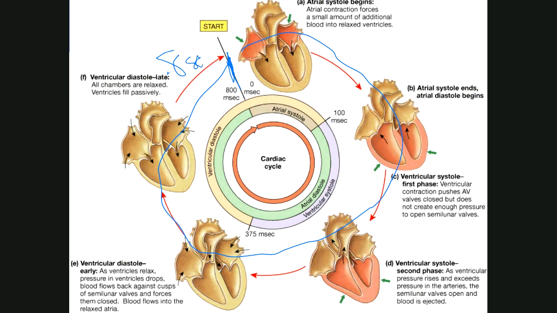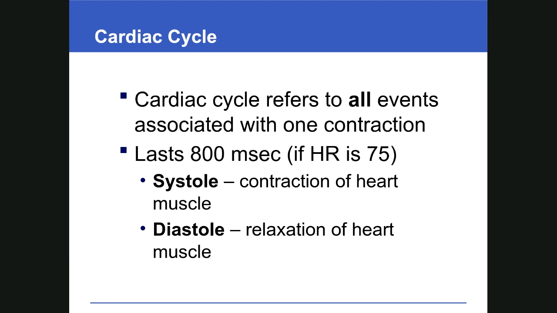Well, another way to say 0.8 seconds is to say 800 milliseconds. So one cycle, one beat, takes 800 milliseconds if your heart rate is 75. Everybody got that? Does everybody understand how it works?